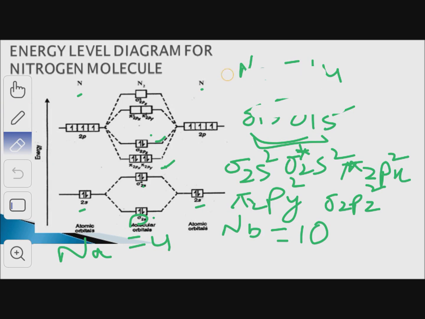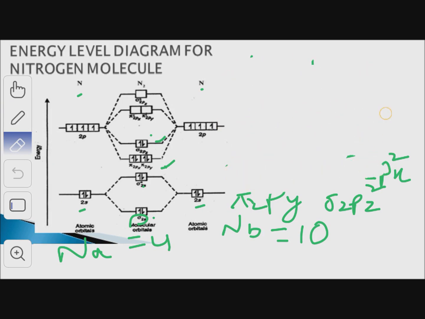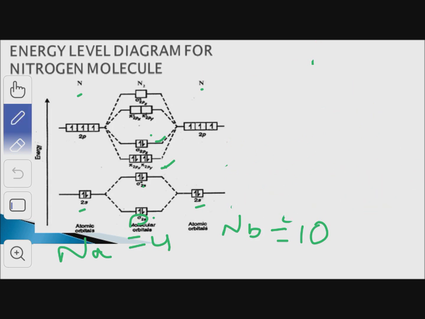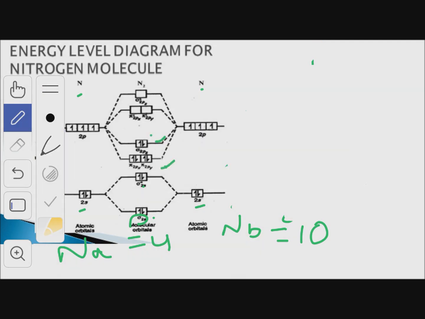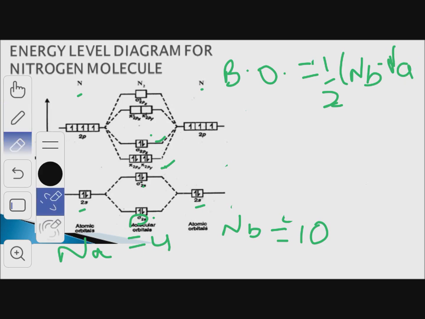The formula of the bond order is equal to 1 by 2, means half of Nb, means bonding electrons, minus Na, that is anti-bonding electrons.